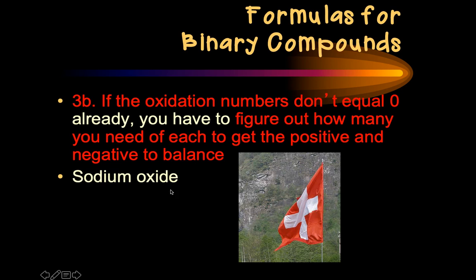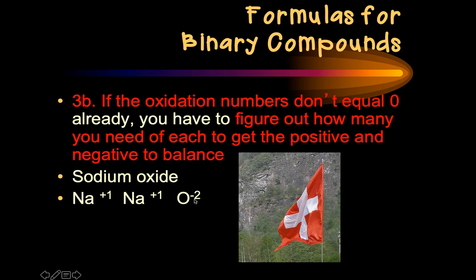So how about sodium oxide? Sodium is a metal. The symbol is Na with a +1. Oxide sounds like oxygen, so that's O with a -2, all right? So if I have one sodium with a +1, that doesn't balance my oxygen -2. Oxygen needs to take 2 electrons to be stable. It takes one from that sodium, and it's halfway there, so it needs to find another sodium and take its other electron to fulfill that oxidation number.